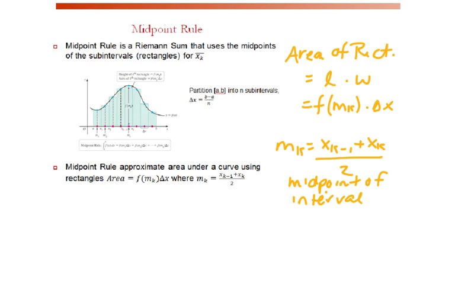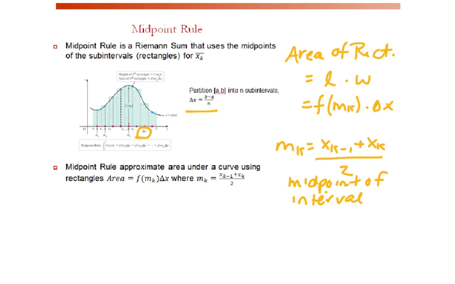So looking at the curve f of x, if you partition it into n subintervals, your width of the intervals is going to be found by subtracting, just as we did with Riemann sums, b minus a divided by n. So that's the width, delta x, of your subinterval.